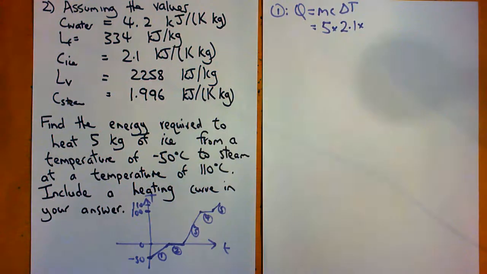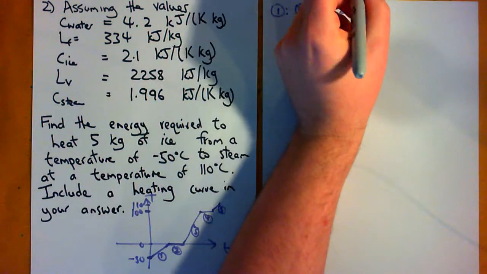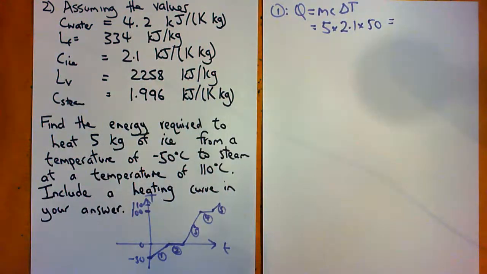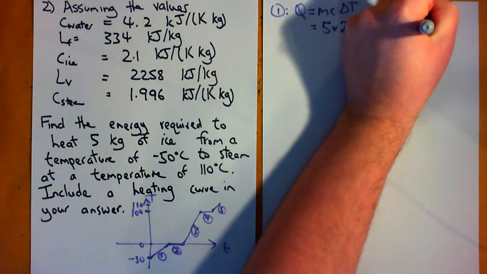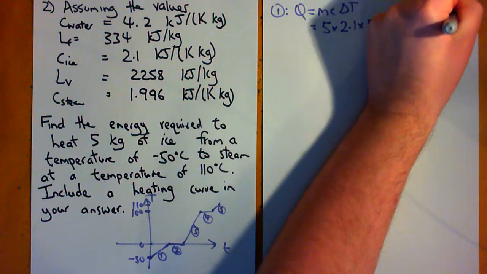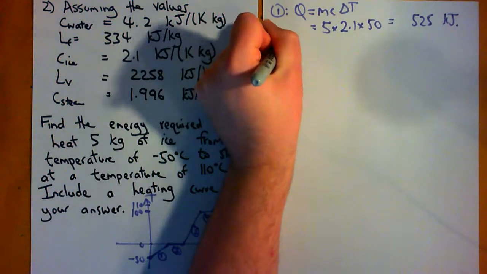For this stage, it's going from negative 50 to 0, so that's a change of 50 degrees. If we calculate that, we get 525. The values we're given are in terms of kilojoules, so this will be in kilojoules.